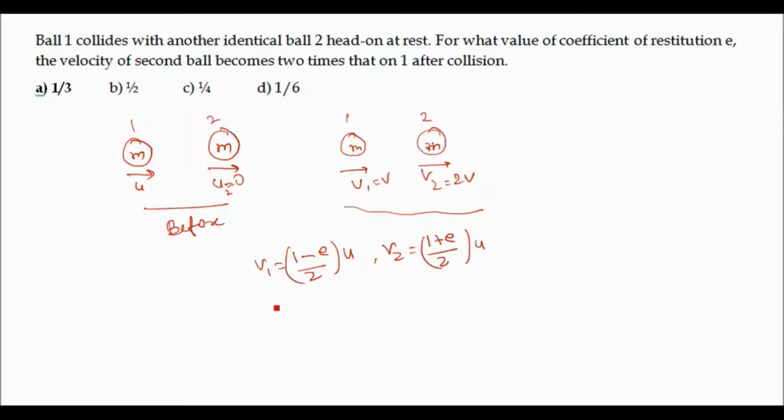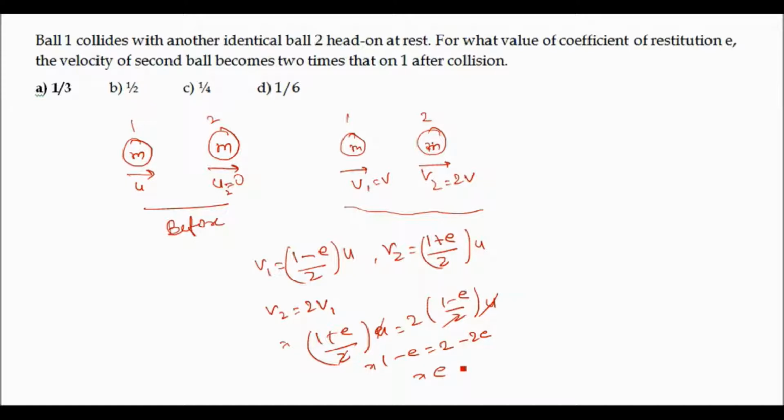It is given that v2 is equal to twice v1, and from there we get (1 plus e) by 2 into u is equal to 2 into (1 minus e) by 2 into u, and from there we get 1 plus e is equal to 2 minus 2e. So basically we get 3e is equal to 1 and e is equal to 1 by 3.